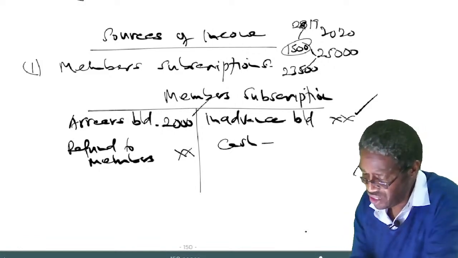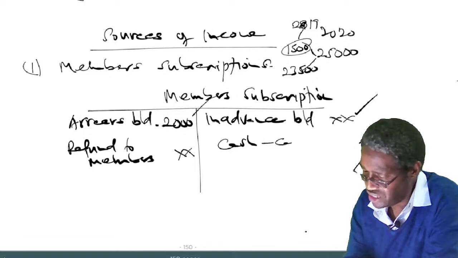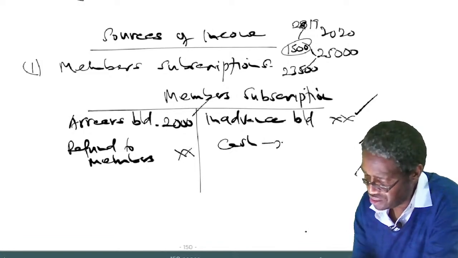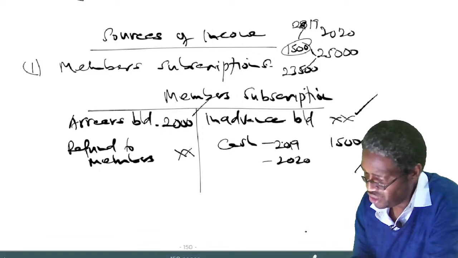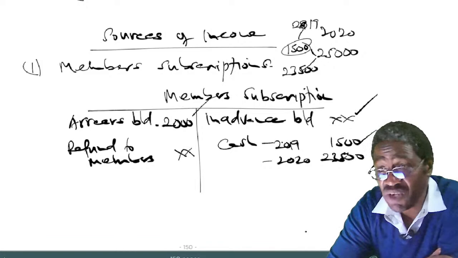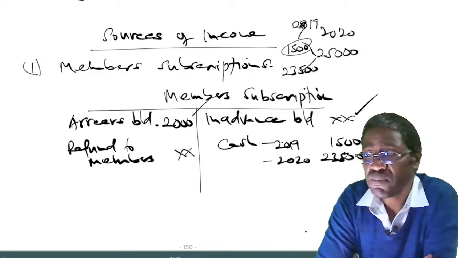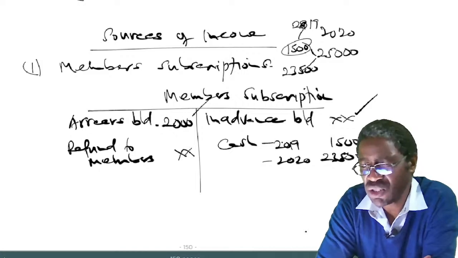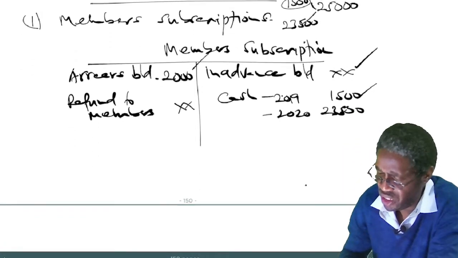So I'm assuming that is cash. We received cash for 2019 this year, 1,500. For 2020, we received 23,500. So in total, we received how much? 25,000. Now, I want you to listen carefully because there's something I want to bring in here.